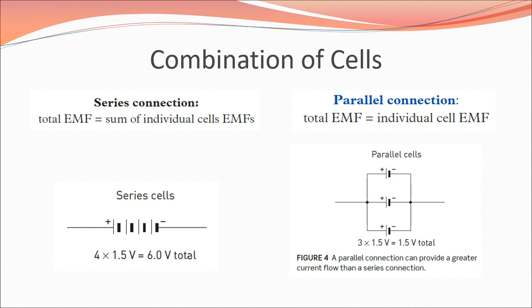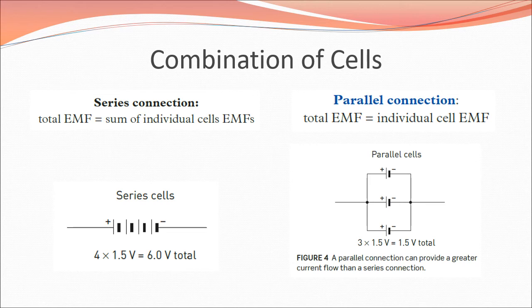Now, it can be a little bit counterintuitive when we talk about combining cells. When I talked last lesson about the symbol for a battery in a circuit being one long line and one short line, that's actually a 1.5 volt cell. You can think of the long line as representing 1 volt and the short line as representing half a volt. So if I put 4 1.5 volt cells next to each other in series, then as our electrons move from the positive terminal and pass through our battery, they use that converted chemical potential energy to be transferred into electrical energy.